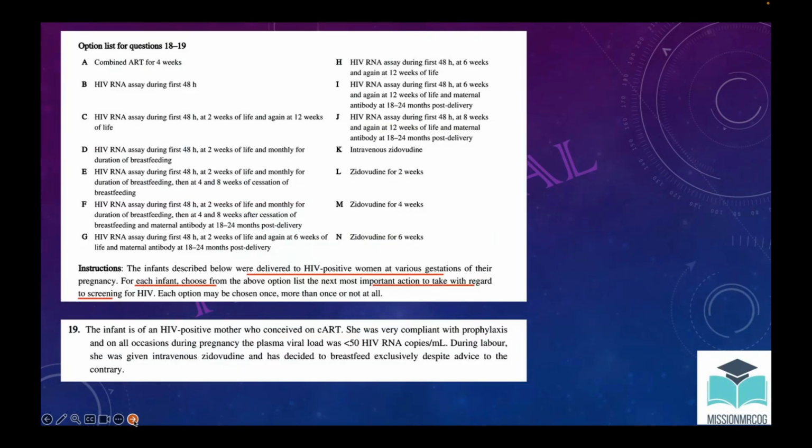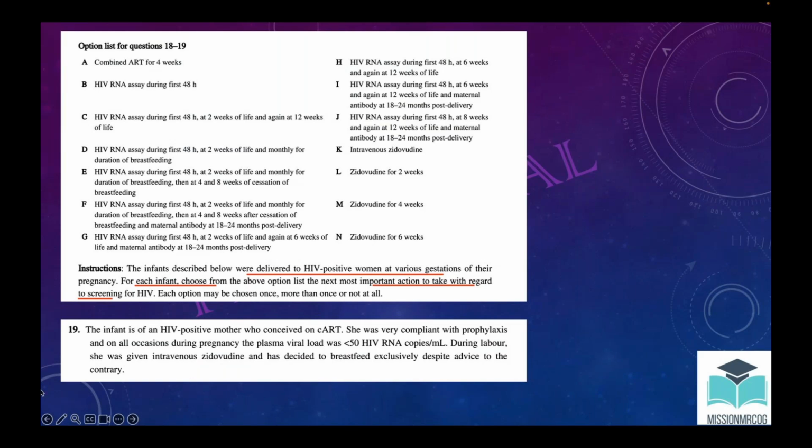Now here the HIV woman on cART, and she has viral load less than 50. She was given zidovudine. She has decided to breastfeed the baby. So what will be the monitoring method?